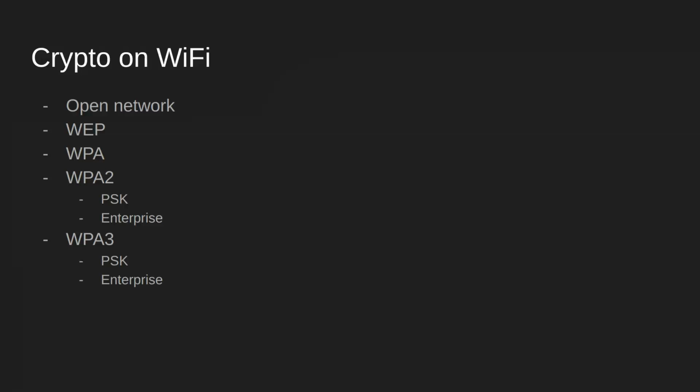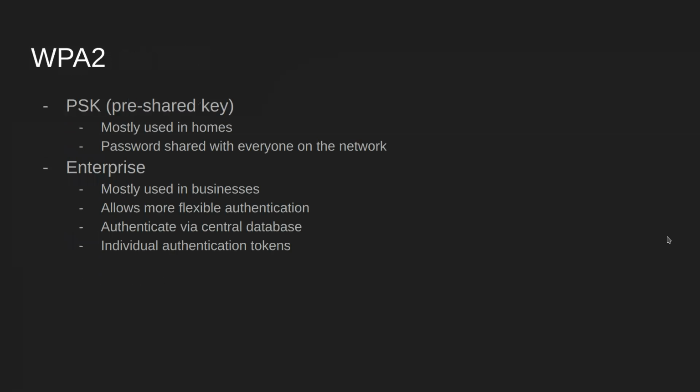WPA2 comes in two flavors. Pre-shared key is the one that most people use with a password, and then enterprise is used in small businesses and universities. The reason it's separate is because you need to have an authentication server, which I'll get to later, to handle connections.